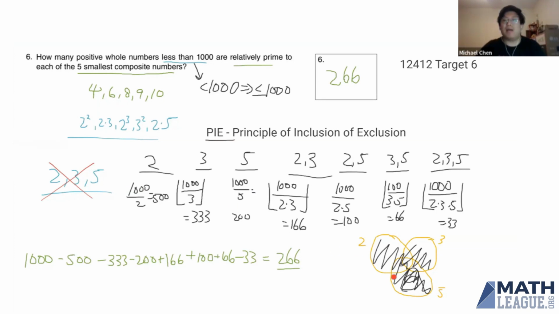So then we add back everything in the shared regions, but that means we add back the middle region shared between all 3 too many times, and we have to subtract that out one more time. So that's essentially a visual demonstration of what PIE looks like. All right, cool. So we get 266 numbers as our answer for this one.